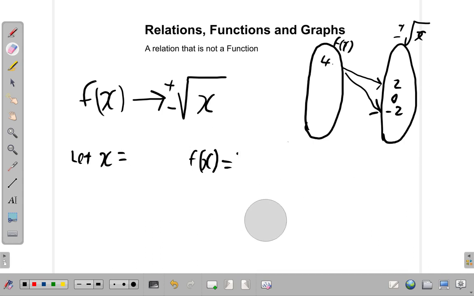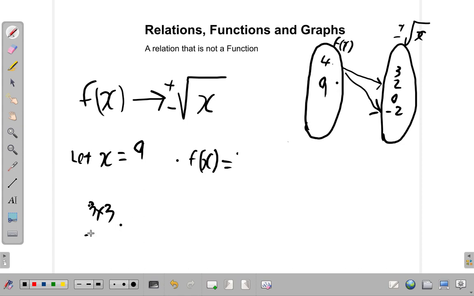Suppose I want my x to be 9. Which number multiplies itself to give 9? You know that 3 times 3 gives 9. So when I have 9 here, 3 is one of these numbers.